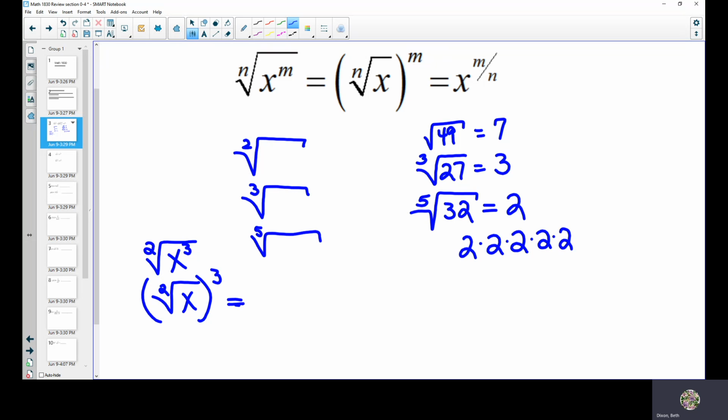And both of those can be written as x raised to, and then we write that as a fraction. The key here is the power goes on top and the root goes on the bottom. So with my example, the square root of x to the 3rd would be x to the 3/2 power.